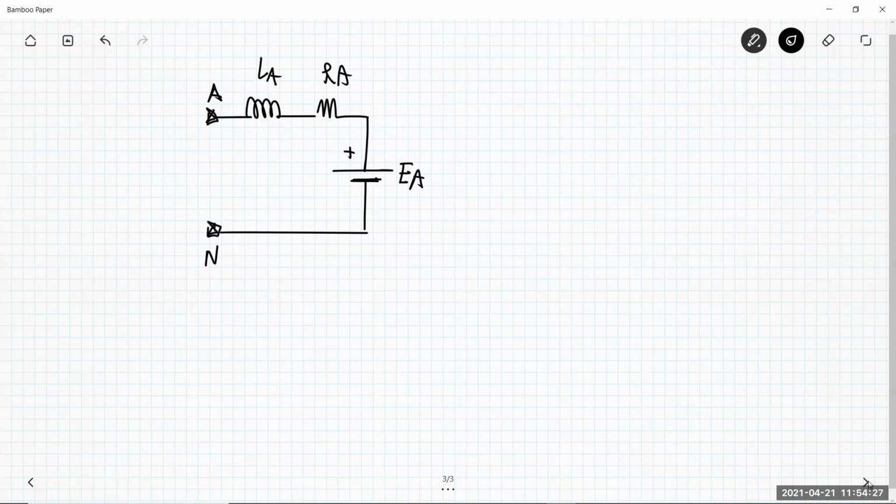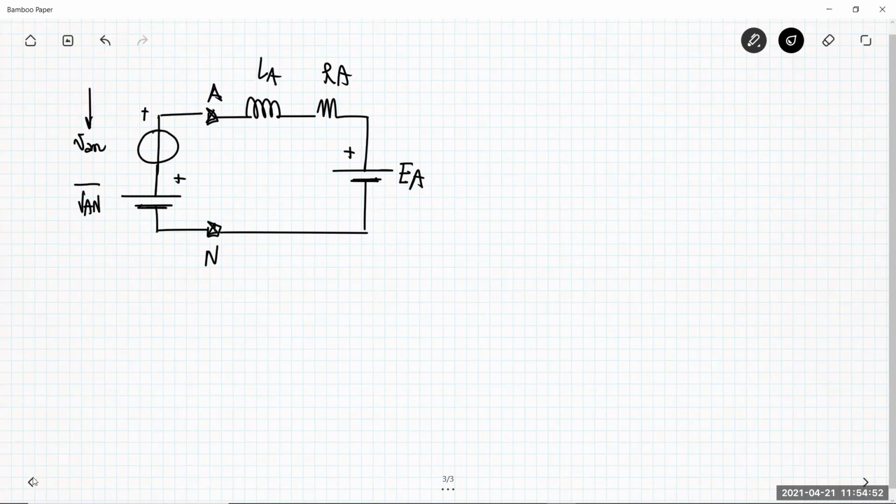And here I just put VAN plus its average value. This part here is just the AC contribution.